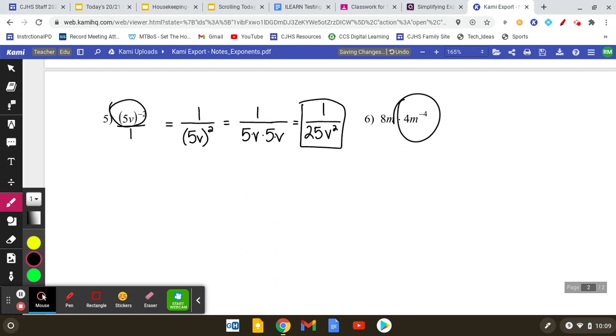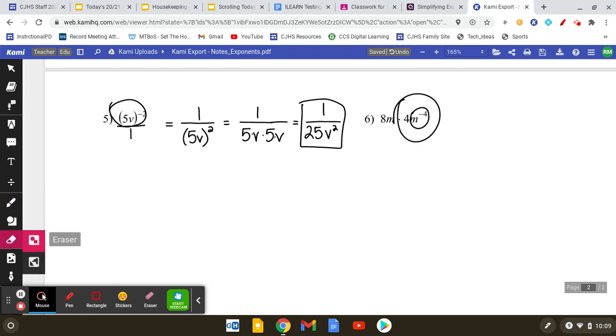The things I have circled. There's no parentheses. So when the parentheses are there, it's saying whatever's in the parentheses is getting raised to that power. When it does not have the parentheses, that exponent only goes to the m.